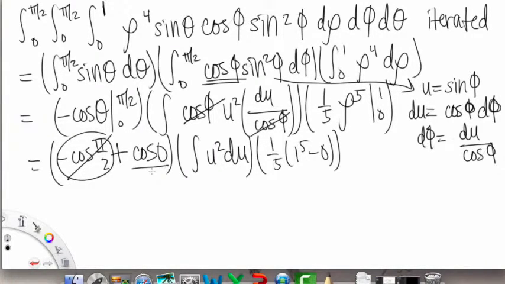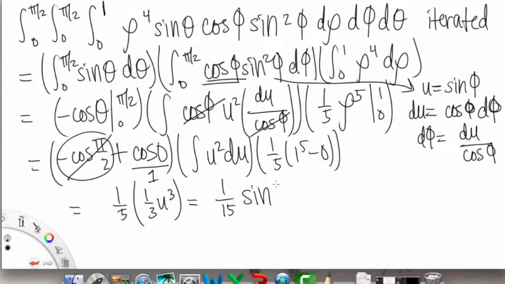This is a 1, right? Cosine is 1 at 0. So then we have a 1 times 1/5. I'll put the 1/5 in front. And then we have 1/3 u cubed. I'll combine the coefficients and replace u with sine. So then we have sine cubed phi, as phi goes from 0 to pi over 2.